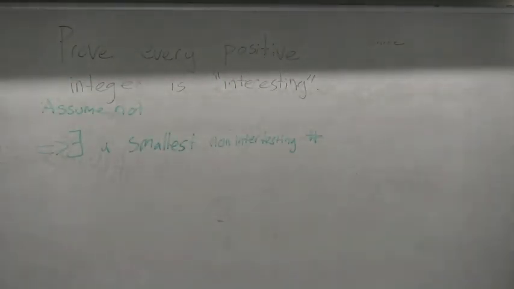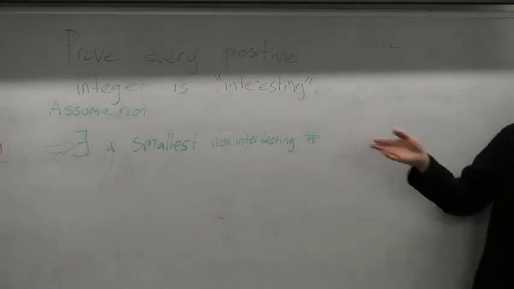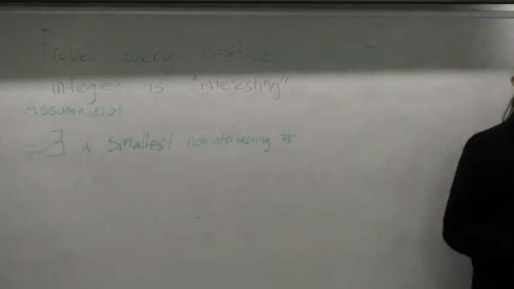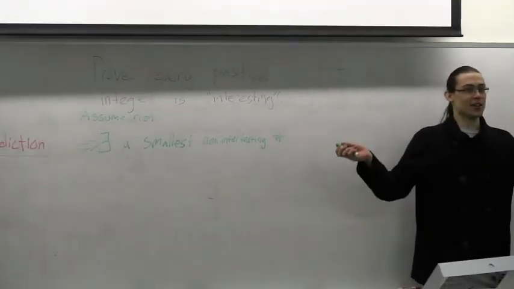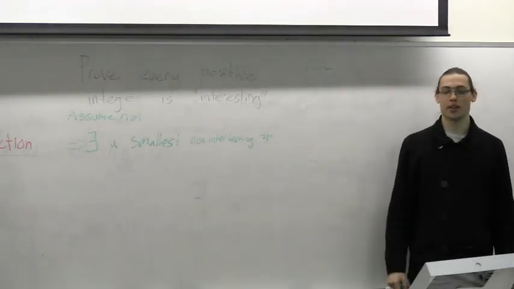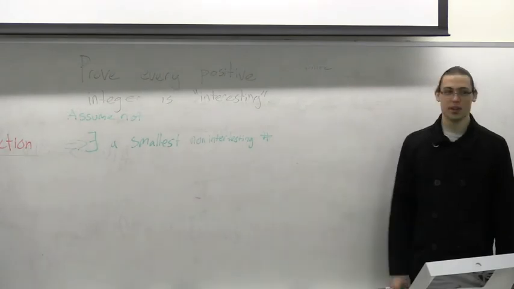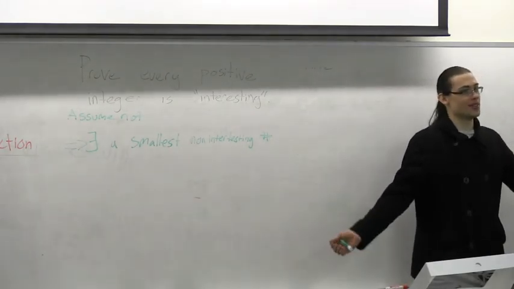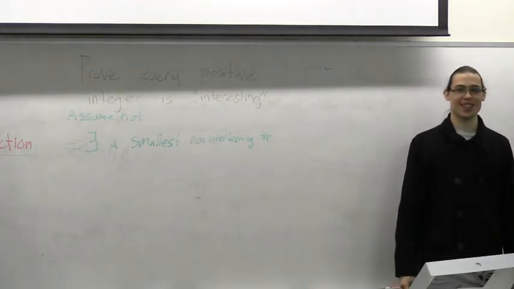Right? This is a contradiction. Why? Because that's an interesting number. Yeah, this is an interesting number. It's the smallest non-interesting number. So there can be no smallest non-interesting number, which means, or sorry, I should say positive integer. So all positive integers must be interesting. Boom.